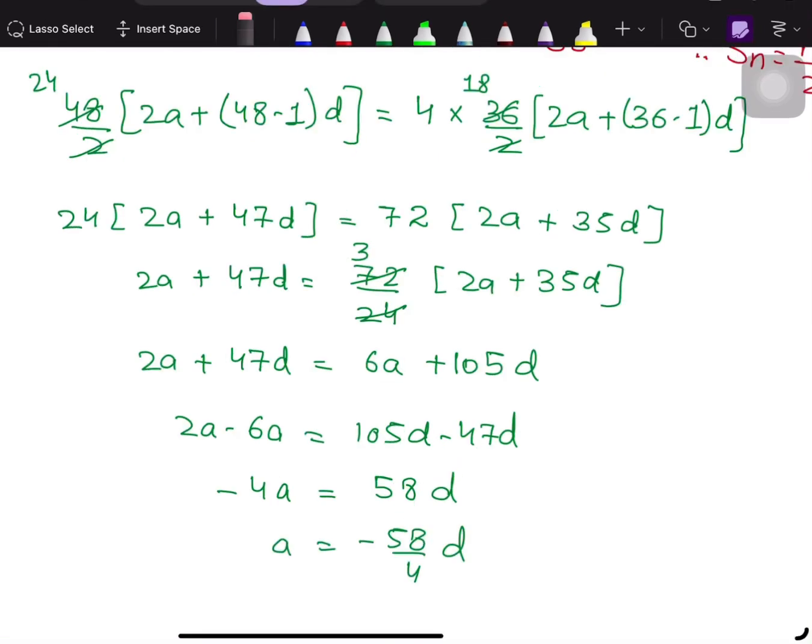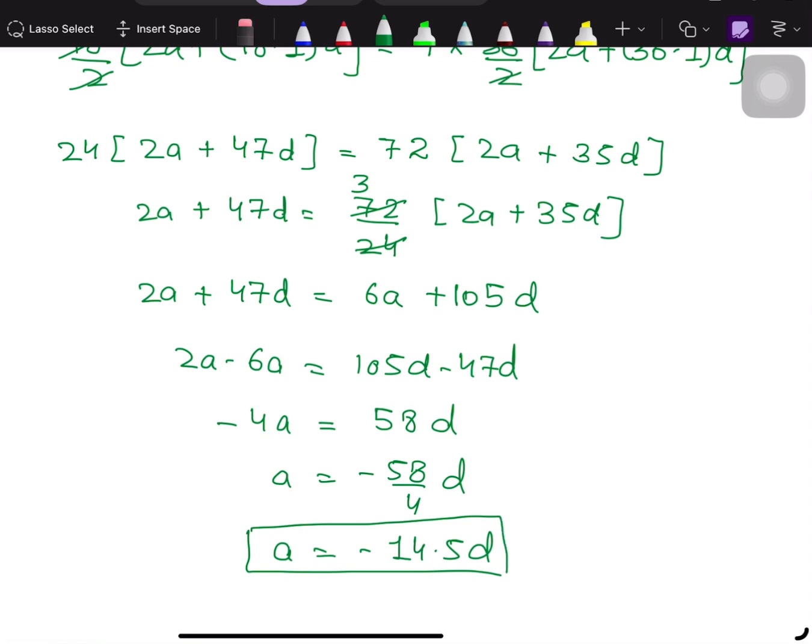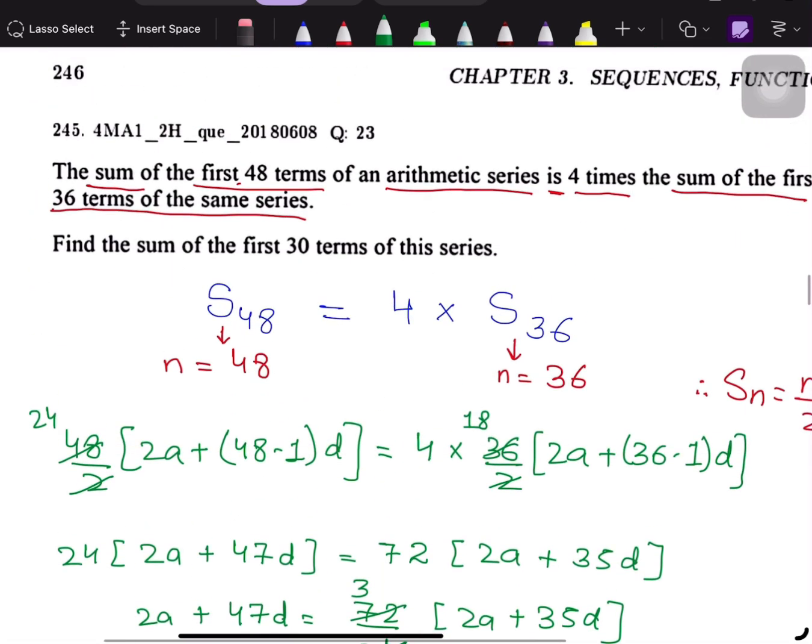After dividing 58 by 4, we will get an estimated answer for a, which would be negative 14.5d. So in this case we are not getting any value of a and d. Instead we are getting a relation between a and d, which we are going to apply for finding the sum of the first 30 terms of the series.